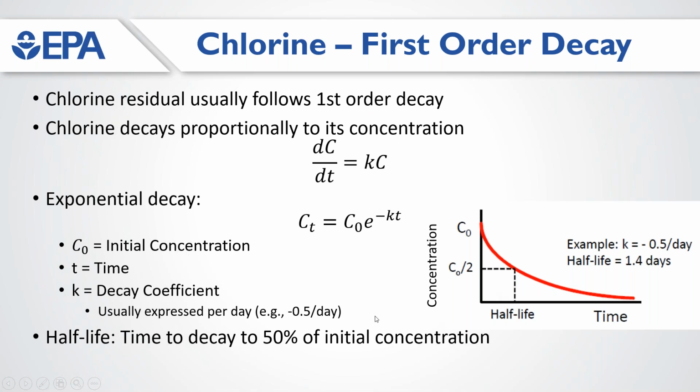The decay coefficient usually can be determined with a bottle test. In a utility, you set up a lab, you sample the water in all kinds of bottles, and you measure the chlorine concentration over time. Then you do the curve fitting and get the first order decay coefficient.